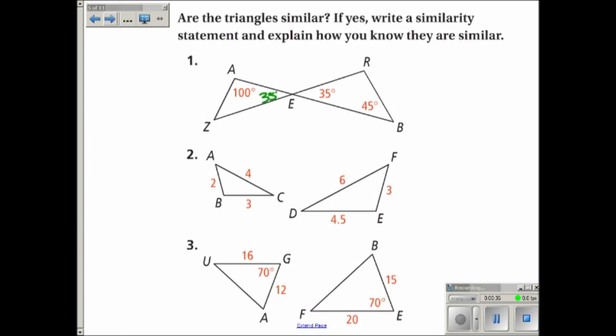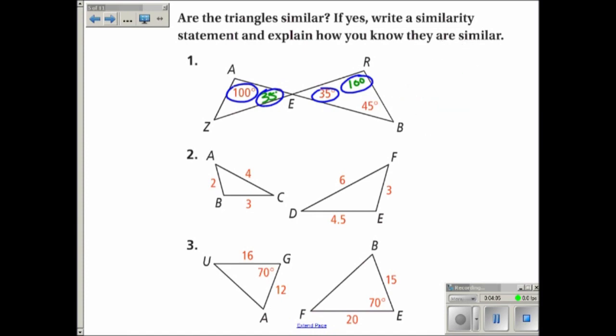I still don't have 2 angles that are the same, so I will look at this triangle over here and say, well, 35 plus 45 equals 80. So I take 180, subtract 80, and I get 100, so angle R must be 100. Which means that because angle A is congruent to angle R, and these vertical angles are congruent, these 2 triangles are similar by angle, angle.